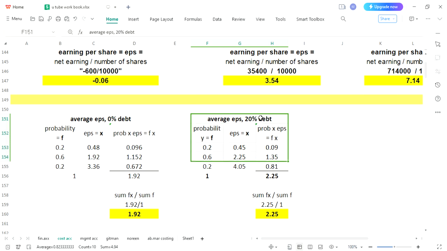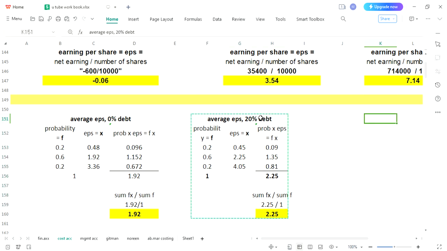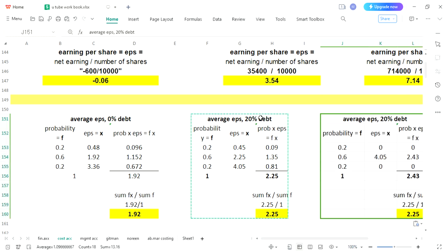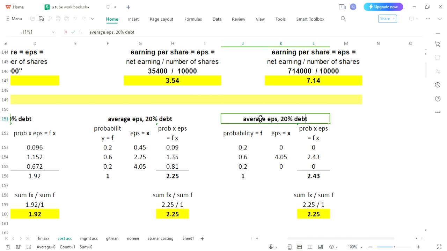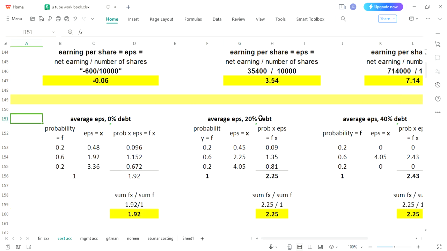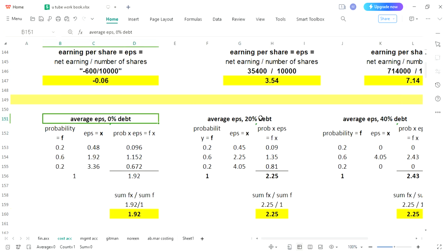So let's calculate our third average where conditions would be changed, and we are now having 40% debt, and this was for your first part.